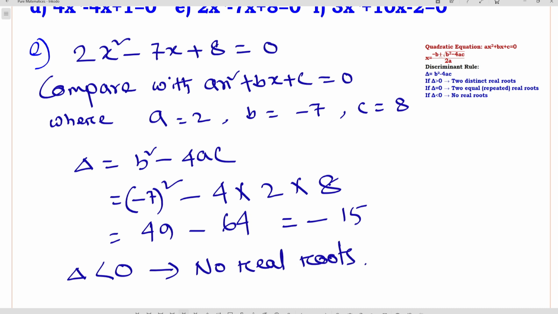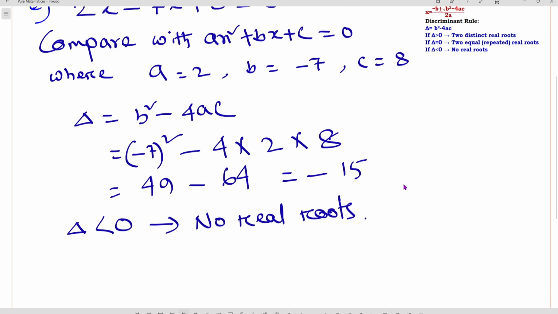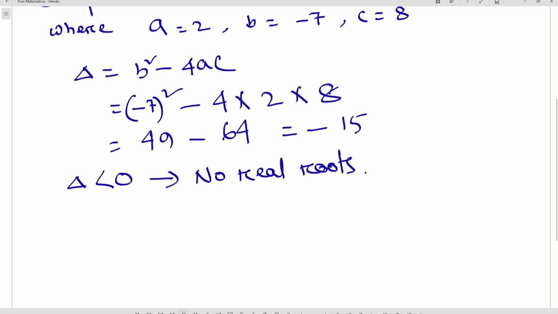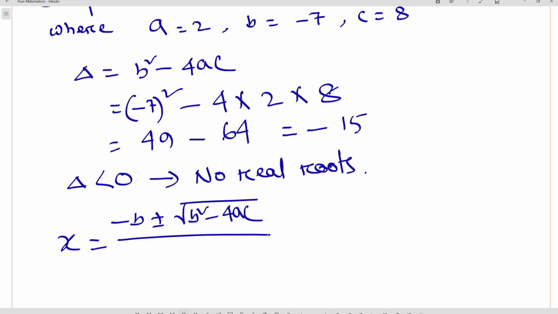What is the result? It means no real roots. Okay, so if you want, you can find out, or if you don't want, no need. But let's check what will be happening here. (-b ± √(b² - 4ac)) / 2a.